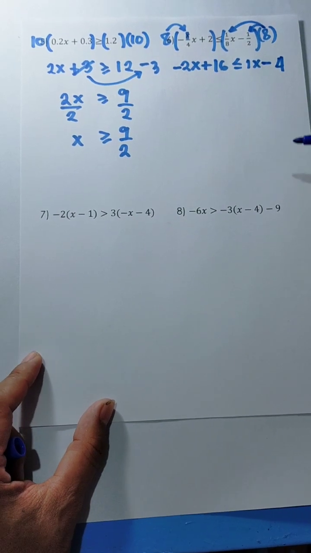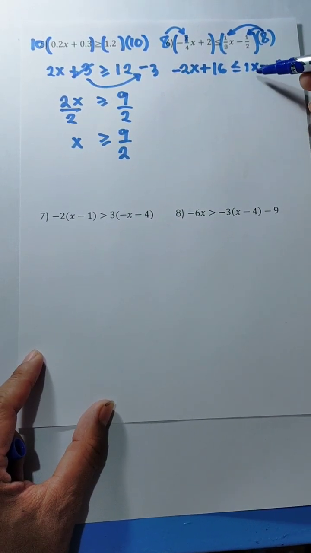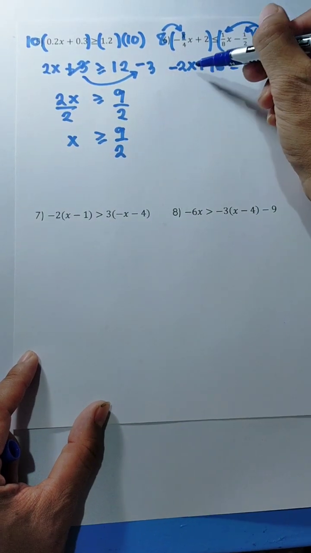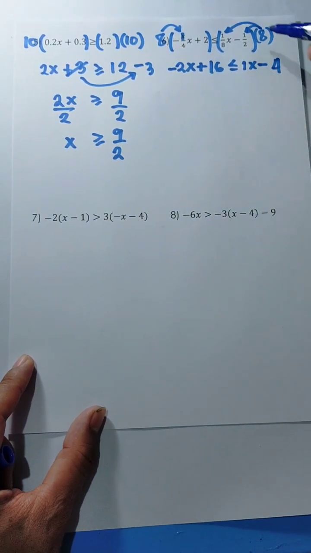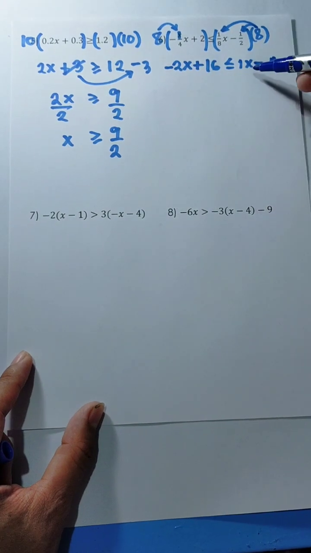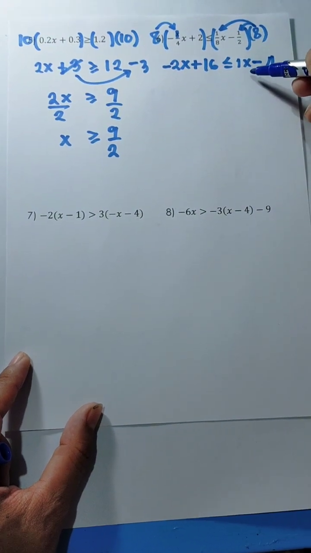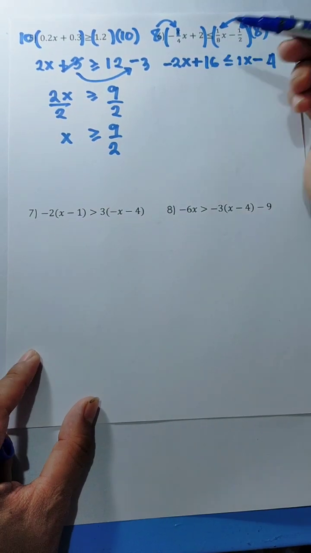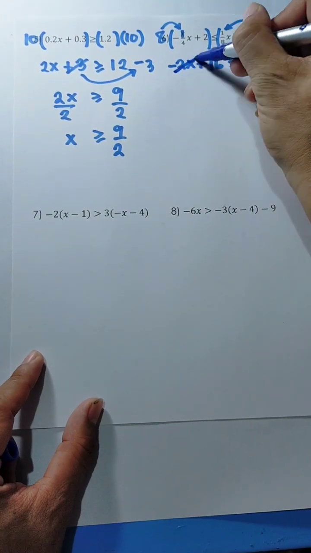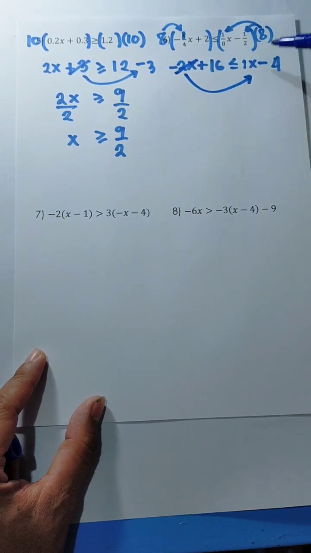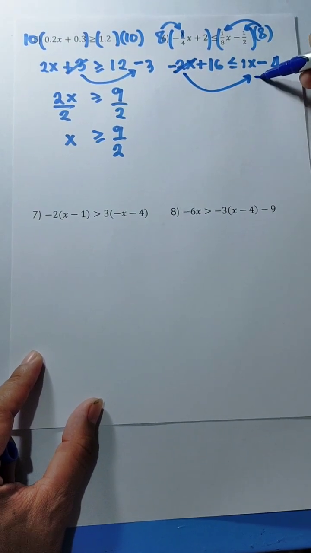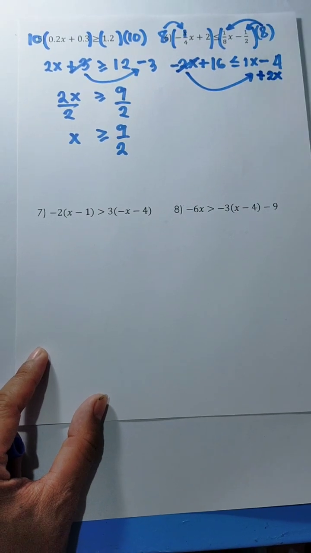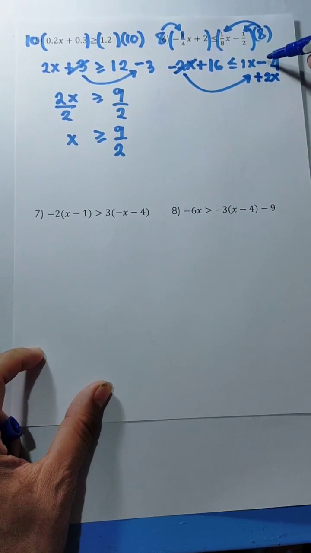Here we combine like terms. We can move our 1x to the left or negative 2x to the right. But I will move the negative 2x to the right, so it will become positive, so I don't need to deal with the negative coefficients. So minus becomes positive 2x.